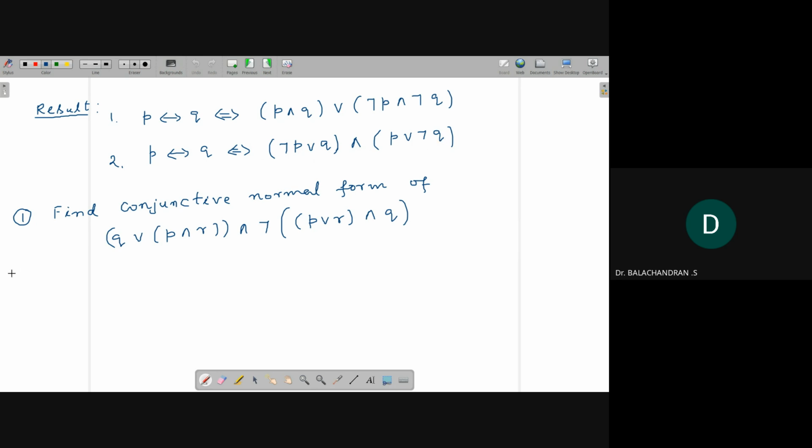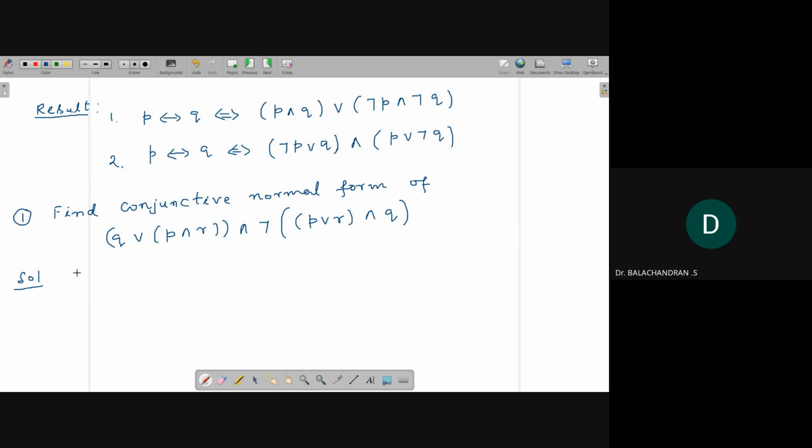The first problem: find the conjunctive normal form or CNF of Q or P and R, and negation of P or R and Q. So conjunctive normal form means what? Product of sums.